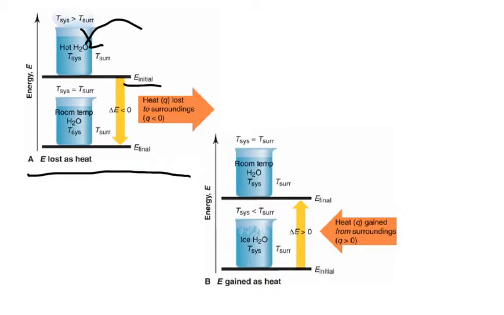If you leave this cup of water out, eventually it'll cool down to room temperature. And the temperature of the system, this beaker of water, will equal the temperature of the surroundings, which is room temperature. So this means that the final energy is less than the initial energy. And so delta E is less than zero, and its energy is given to the surroundings in the form of heat. So Q is less than zero. So for this example, Q is negative.